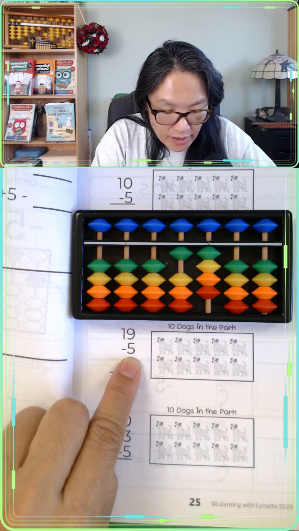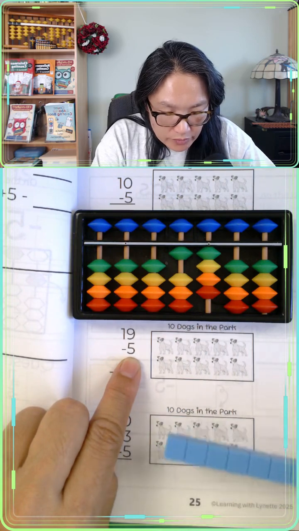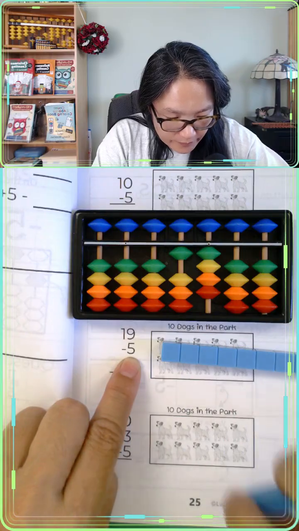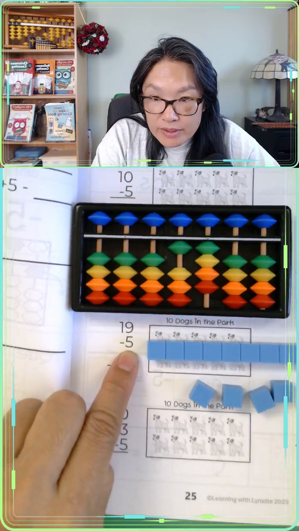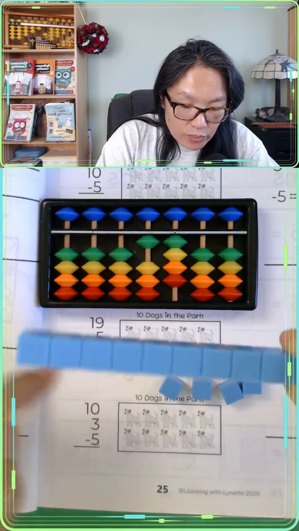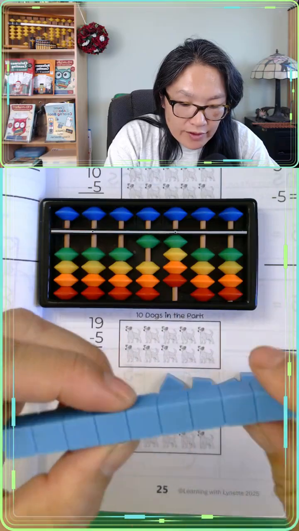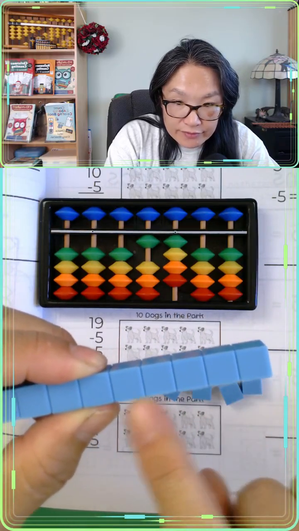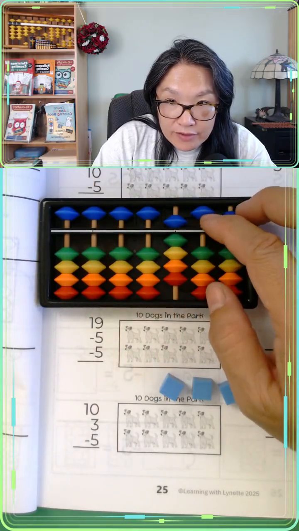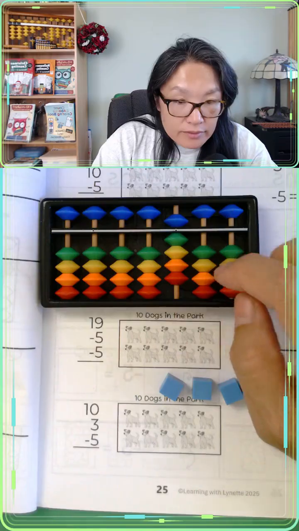We have 14 on the abacus. But to take another 5, we have to break this up, 1, 2, 3, 4, 5, and then add this 5. So we take away the 5 and then add the 5. So my final answer is 9.